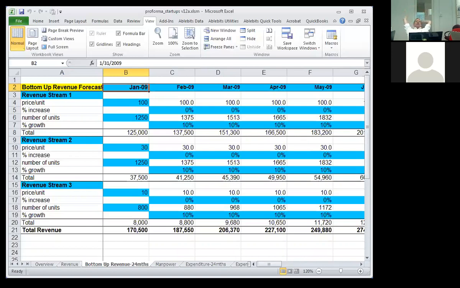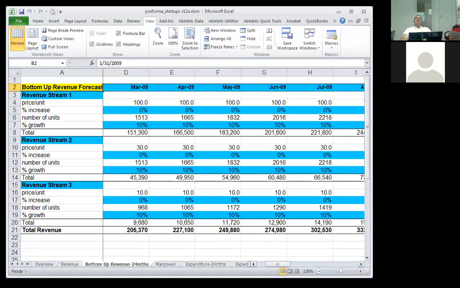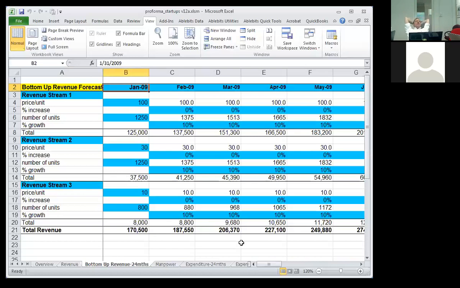What assumption in the bottom up seems the weakest right now? Realistic. But okay, what else?